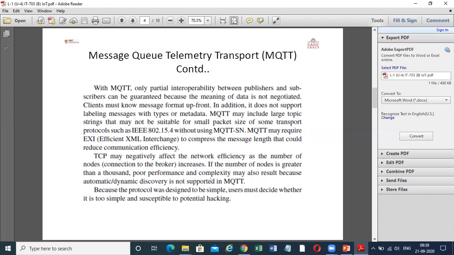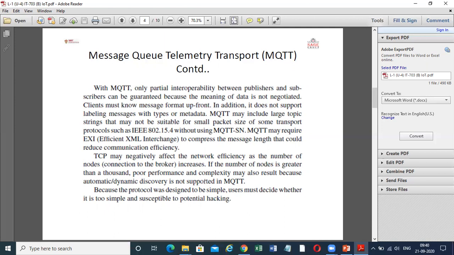MQTT may include large topic strings that may not be suitable for small packets of some transport protocols. TCP may negatively affect network efficiency as the number of nodes connected to the broker increases. This is some negative effect of TCP.